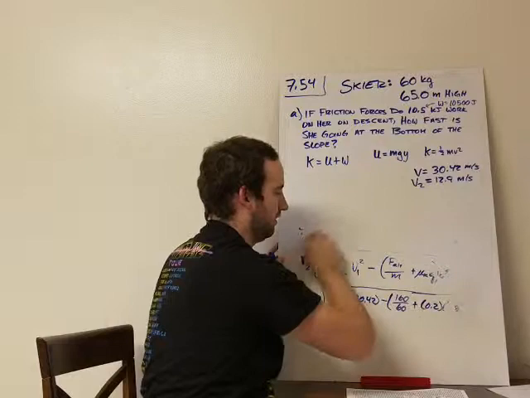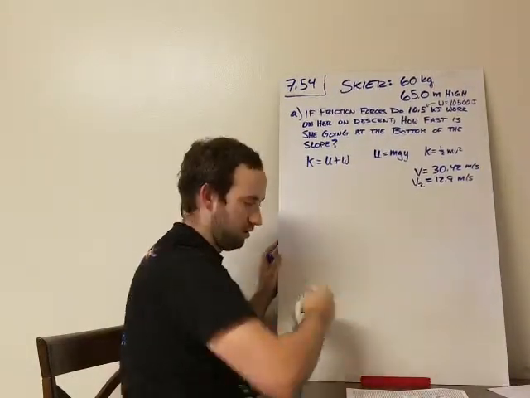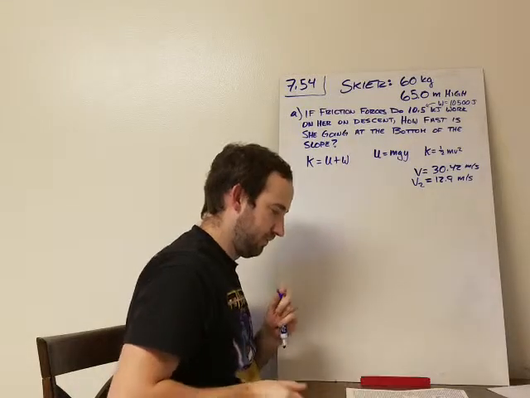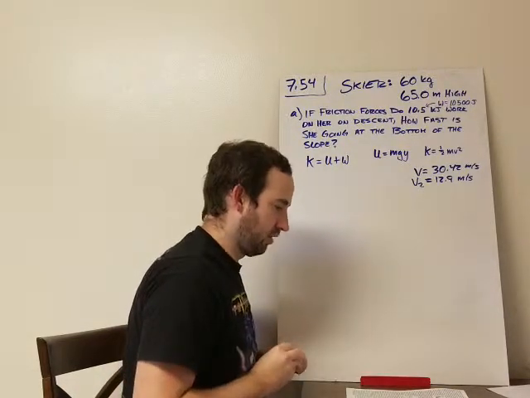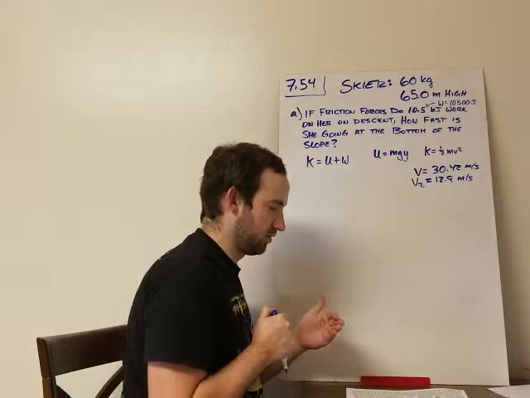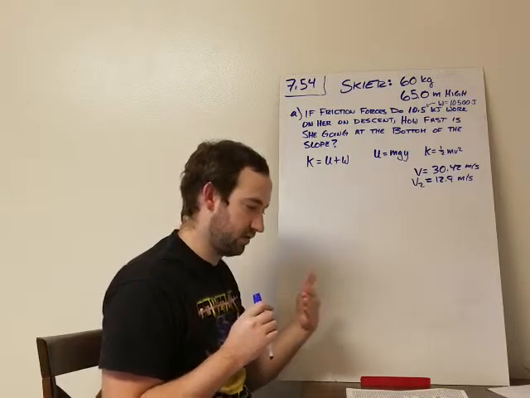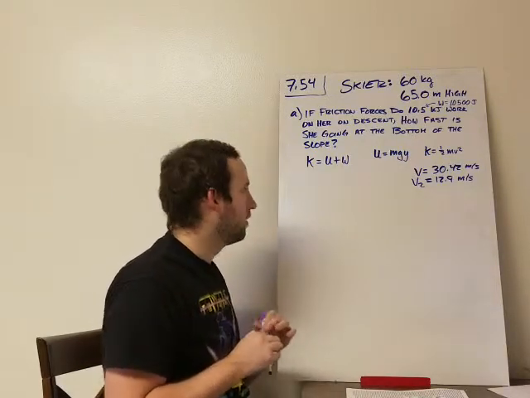Now part C wants to know, so the skier hits the snowdrift and goes 2.5 meters into it before stopping. They want to know the average force exerted on the skier by the snow as it stops her.